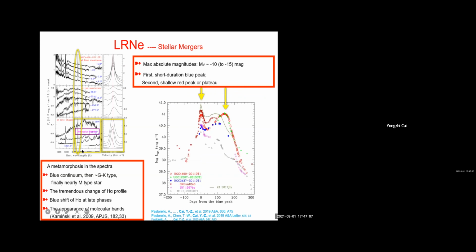And from the spectroscopy, we can find that their spectra show tremendous change during their evolution. At an early time, the continuum is very blue, then evolves to G2K type. Finally, it became an M-type star. And we can find the tremendous change of the H-alpha profile from very prominent, then weak, finally prominent again. At that time, we can find the blue shift of the H-alpha profile. And the most important thing is that we can detect the molecular bands.